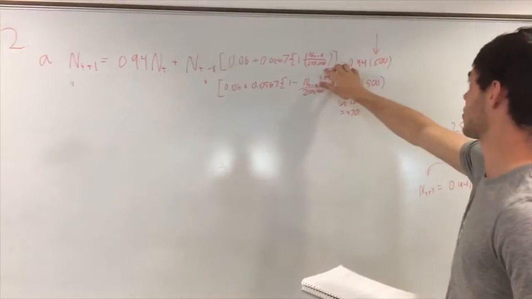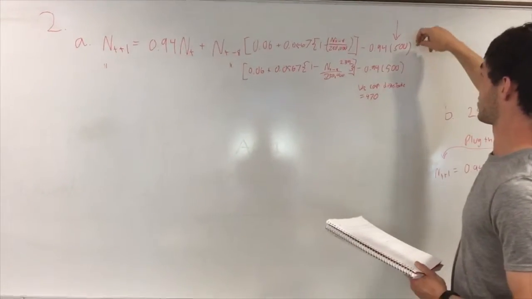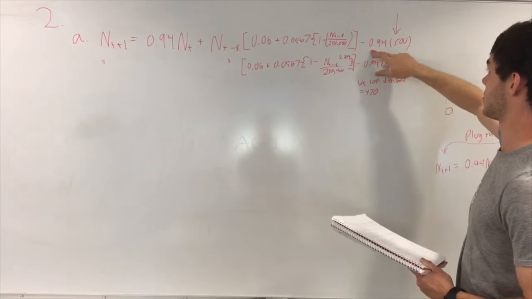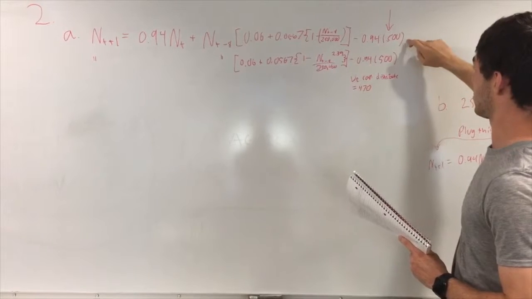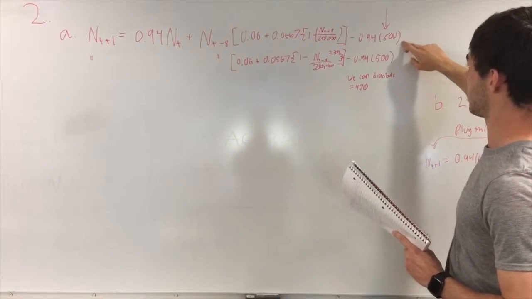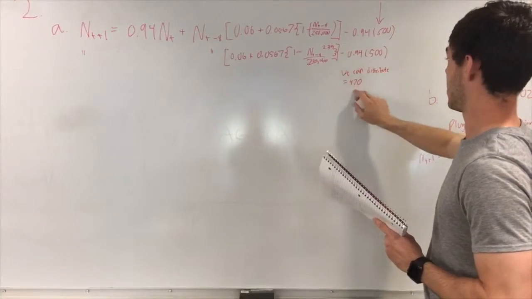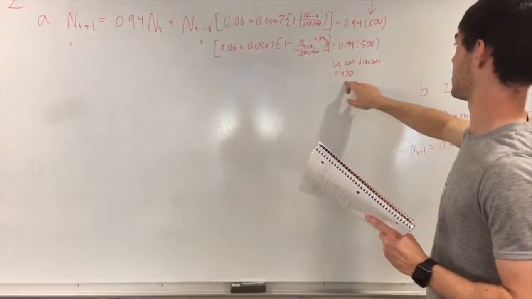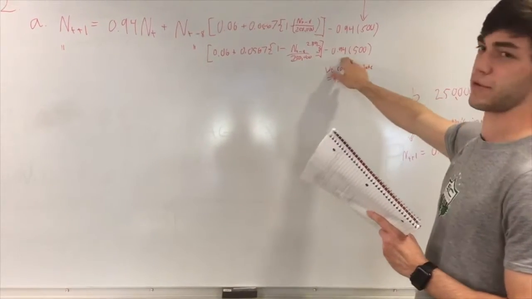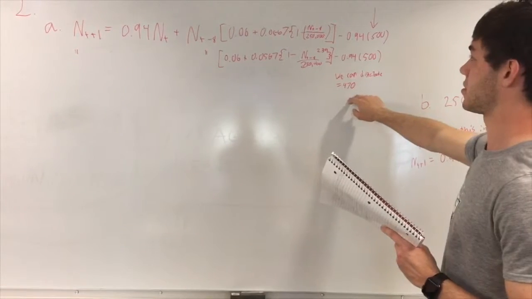We plugged both these numbers in here, and we're assuming that this is a 0.94 constant times our 500 harvested. We distribute this in and end up getting 470 whales harvested, and I'll explain what the 0.94 is a little bit later.